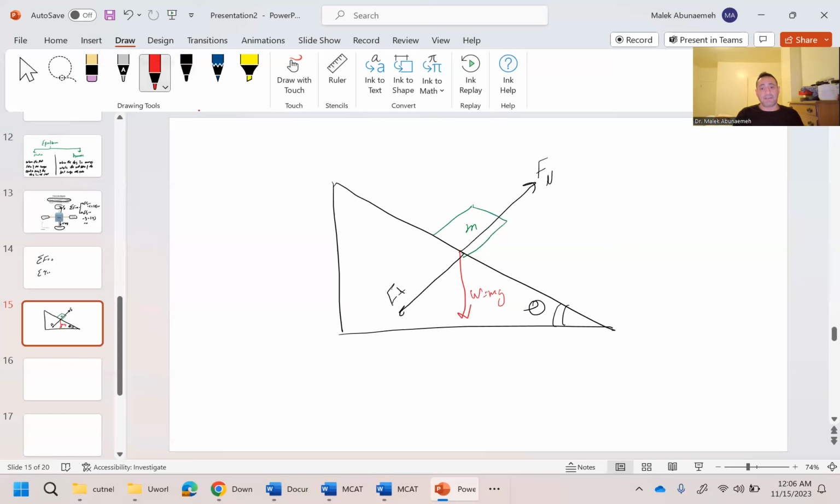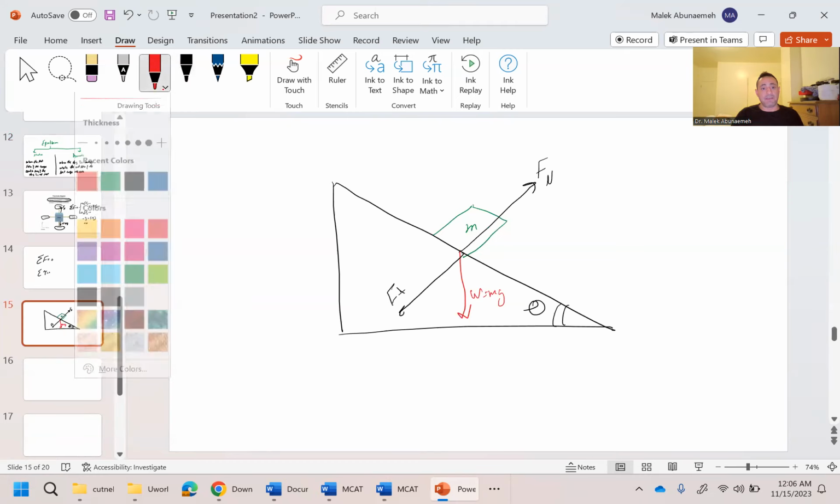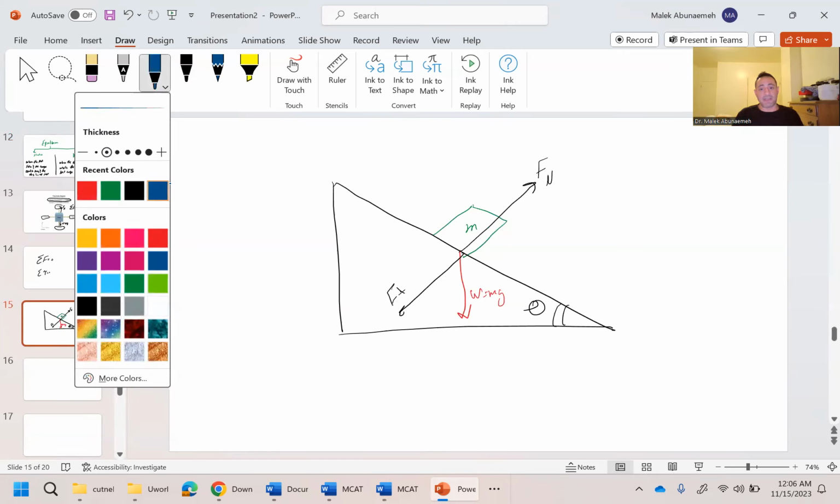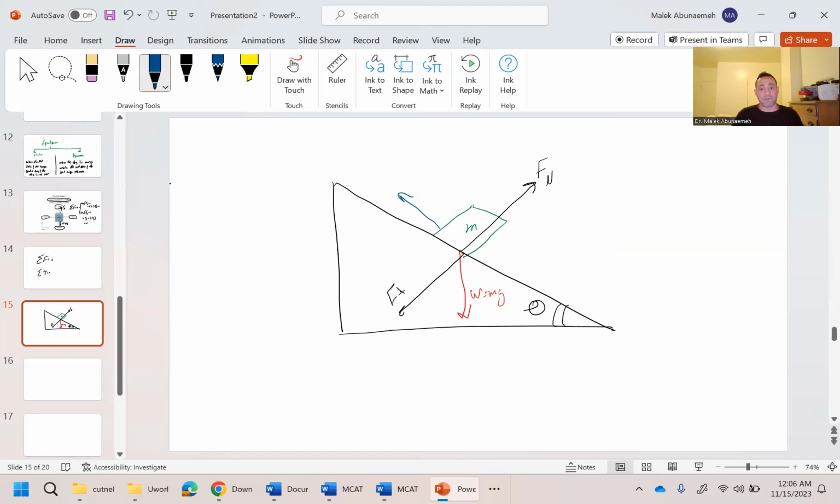Now, if this object is sliding down, you're going to have a force going backwards. This force is your friction force. Let me label this normal force.